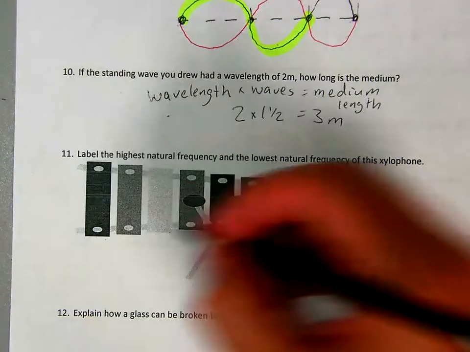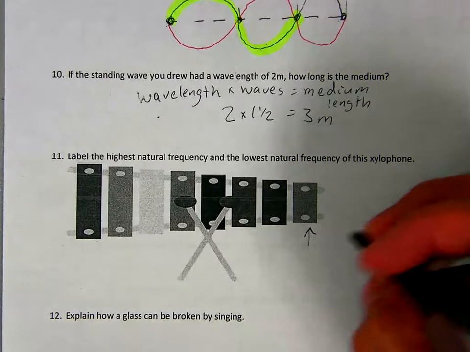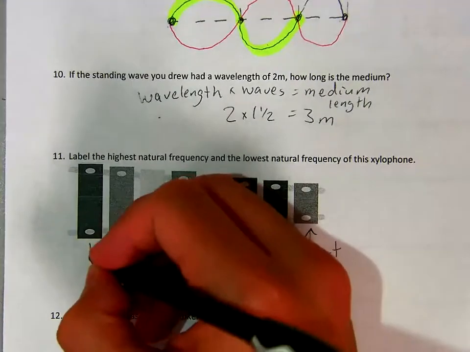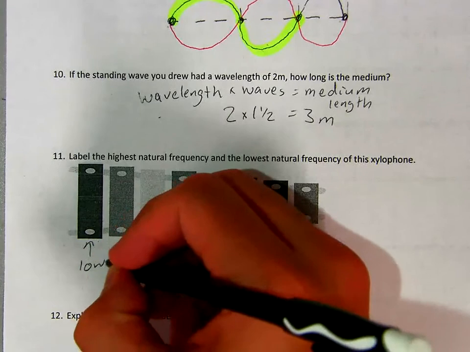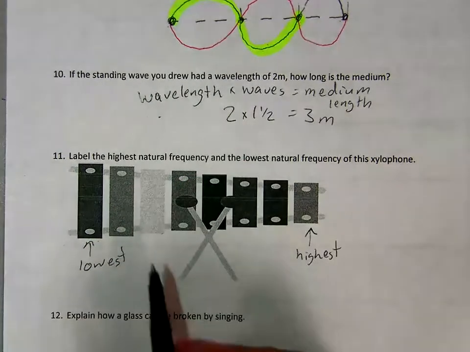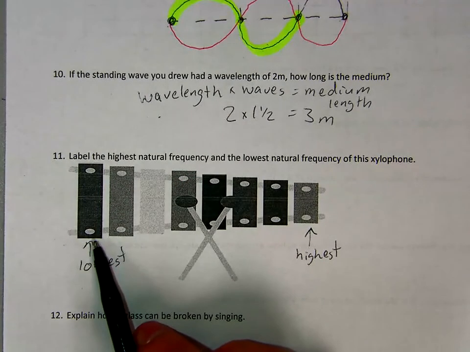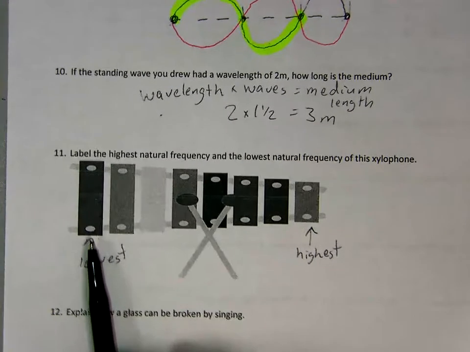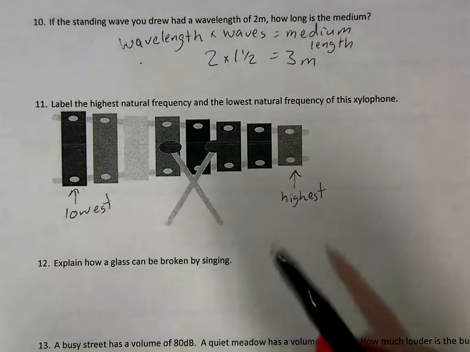So, highest natural frequency is going to be here. Lowest natural frequency would be here. This is like why larger gentlemen seem to have deeper voices. Well, they actually have deeper voices because they are larger gentlemen. So, well, at least that's a part of it.